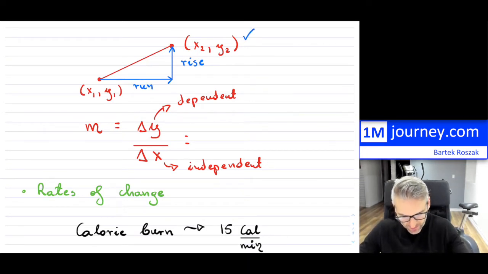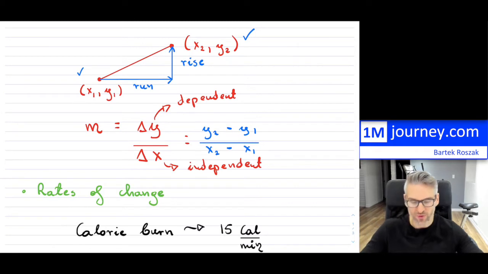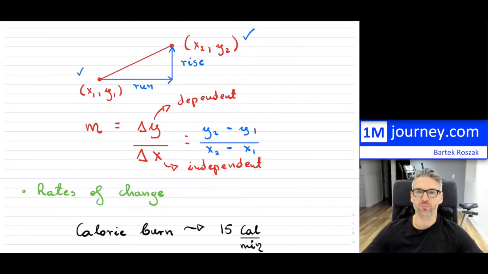So I always picked point number 2 with respect to point number 1. So the change in y was simply y2 minus y1 divided by x2 minus x1, and that gave us what the actual slope was. But what was the meaning?